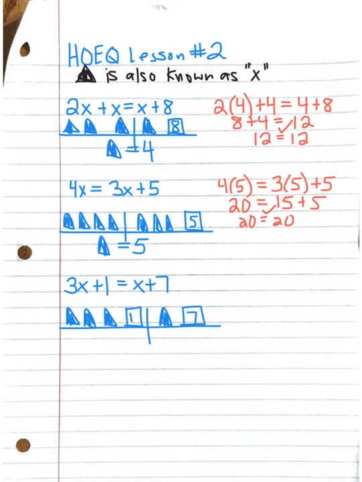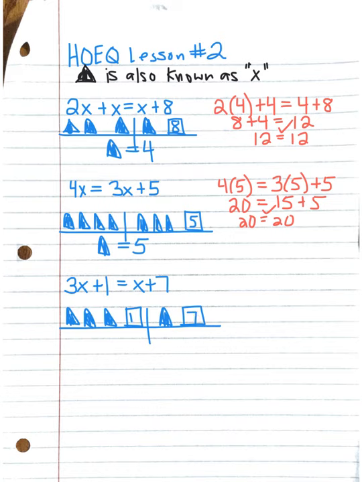So, for example, 1 plus 1 plus 1 is 3, plus 1 is 4, so 4 wouldn't balance with this. If we tried 2, 2 plus 2 is 4, plus 2 is 6, plus 1 is 7, that won't balance. And then if we try 3, 3 plus 3 is 6, plus 3 more is 9, plus 1 is 10, and 3 plus 7 is 10.